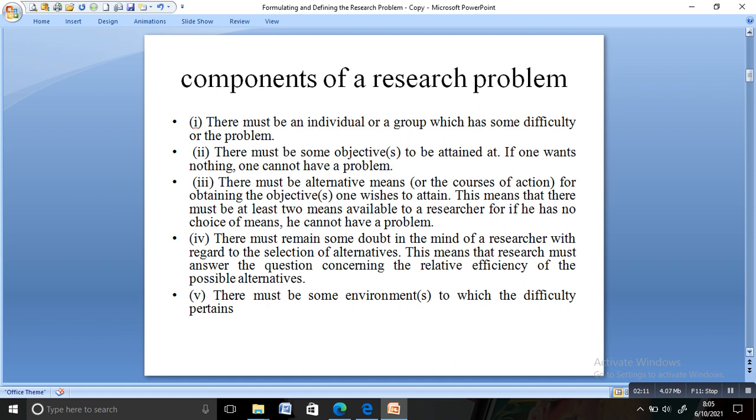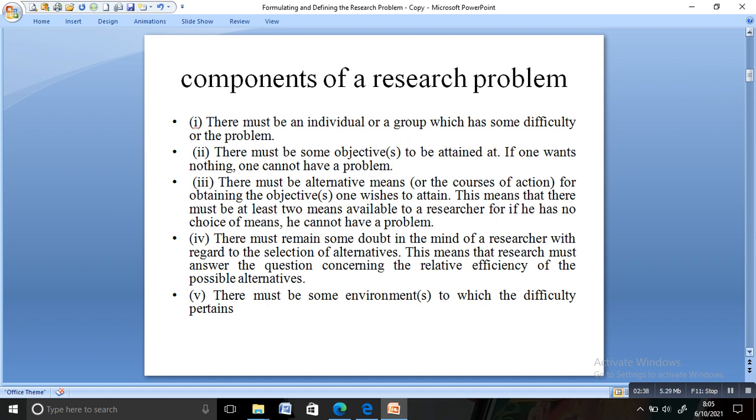There should be an individual who has some difficulty or the problem. That is the first component. Next, he should have some objectives. There should be some objectives to be attained, and if you don't have any objectives you can't solve any problem.